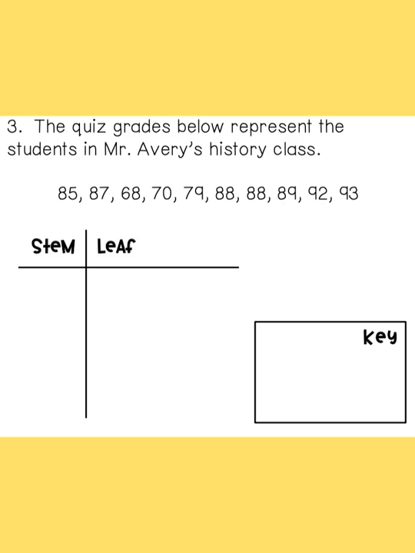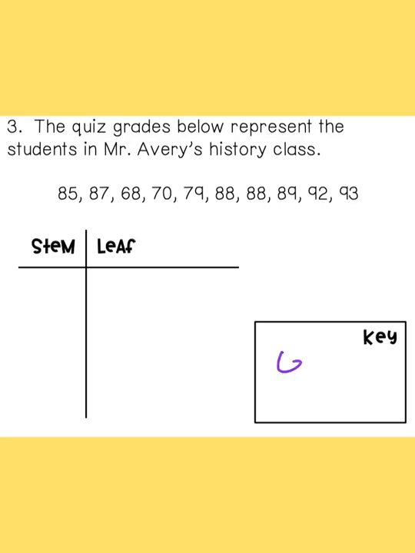Okay, so right here I have the quiz grades below that represent the students in Mr. Avery's history class. So this is a time that I actually would use a stem and leaf plot, and I have done that before with grades. So I noticed that I go all the way from the 60s to the 90s. So our stem is going to be 60, 70, 80, 90, and we do want to make a key.